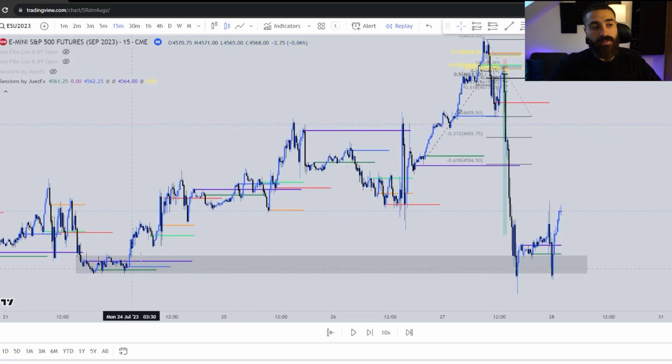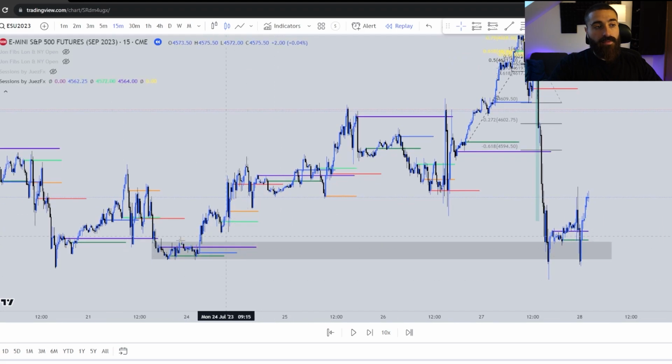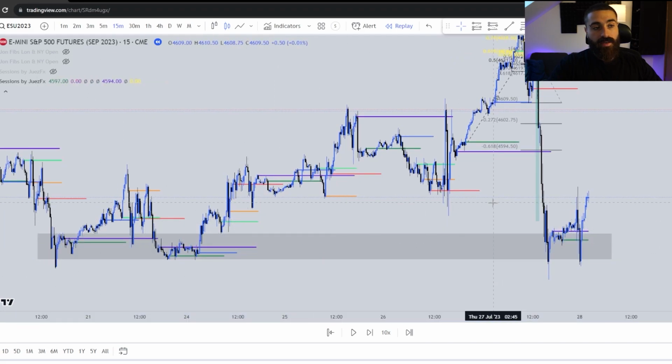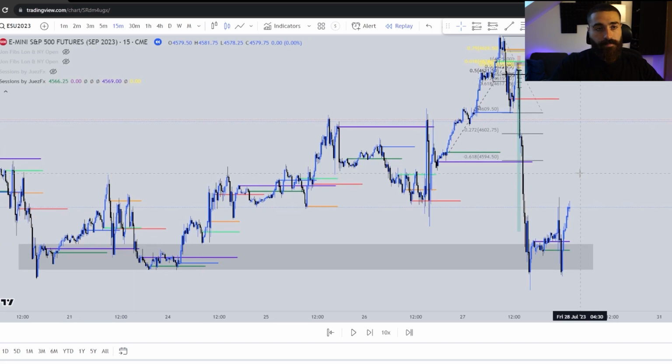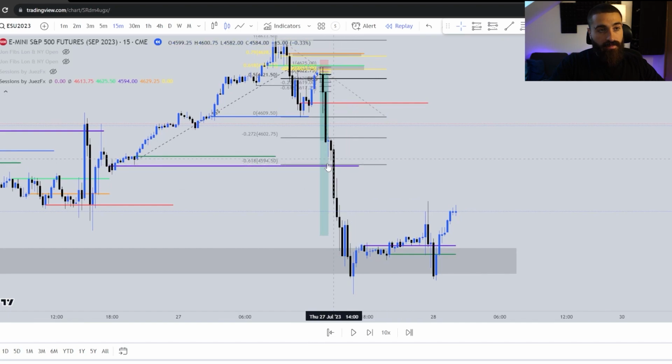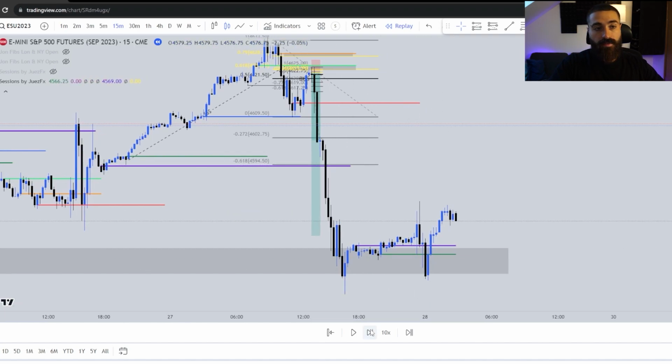And just by being able to see it as key levels, we can identify those, and we can understand where the market is heading and where we're going to see the volume coming from, where we're going to see the orders coming from. So right here, we also have the fair value gap, and we have the midnight close. Okay, so the market could react from this area and could keep on going.